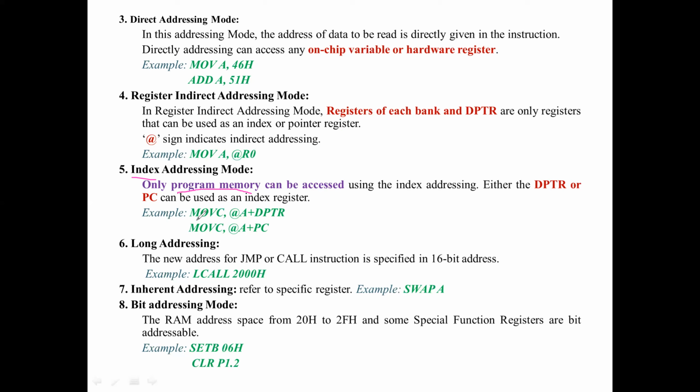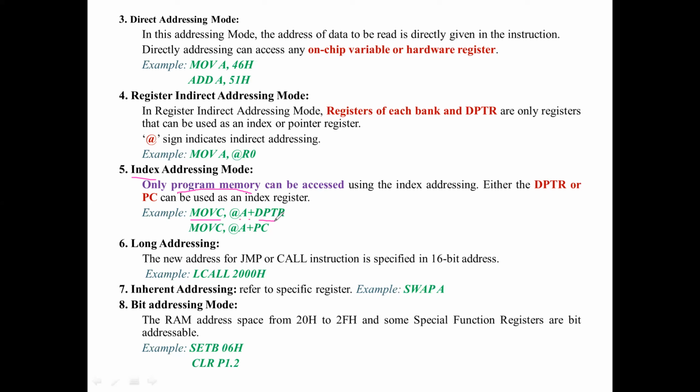So you will be using the instruction MOVC, which is a very unique instruction to access code from the external memory. So you have to mention the code. So MOVC A, @A+DPTR, right?